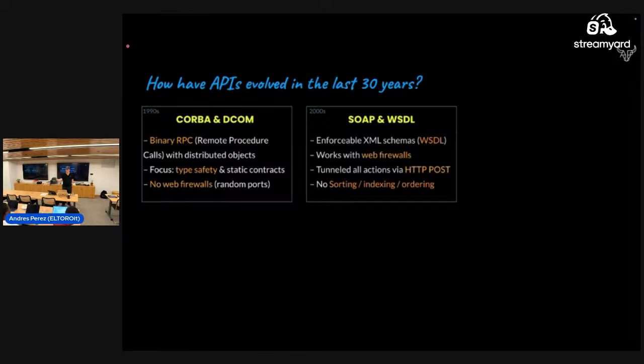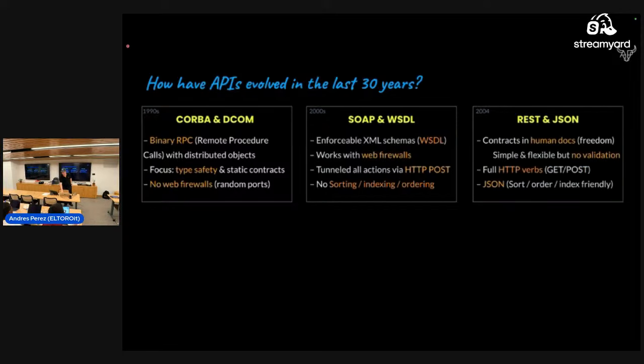But XML has no order. So when you return a list of elements that you wanted ordered, you had to do something artificial in that list to be able to understand the order, because XML has no order natively. Then we came with REST and JSON.